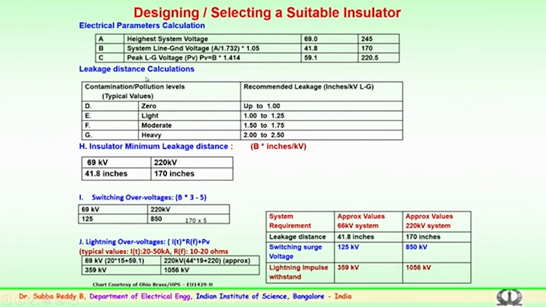Further, how is the leakage distance calculated? For leakage distance we have to consider where the transmission line or a transmission tower is being erected. So, that is very important. I was mentioning that various types of pollution zones exist. As per the standards, pollution levels are classified into no pollution or very clean level, then light pollution, moderate pollution or heavy pollution zones.